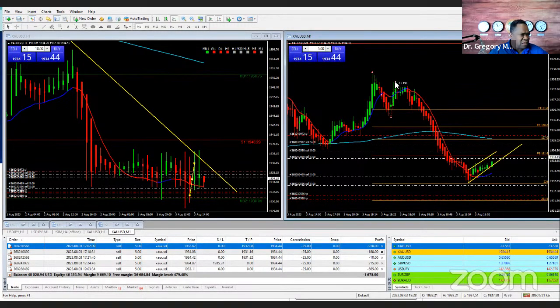The way we take the expansion targets, we take the high, the first low, and then the next lower high. We connect those three points, and that projects targets like 1.618, which is 161% of this move here.